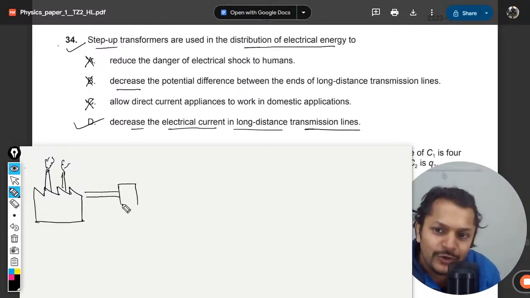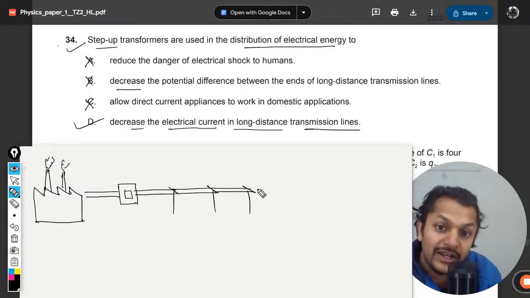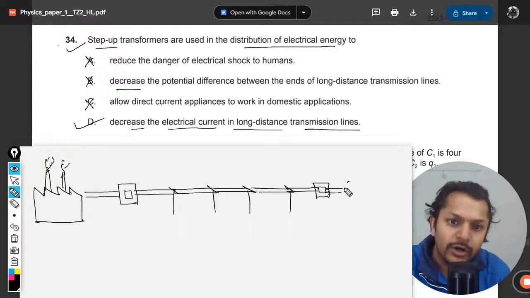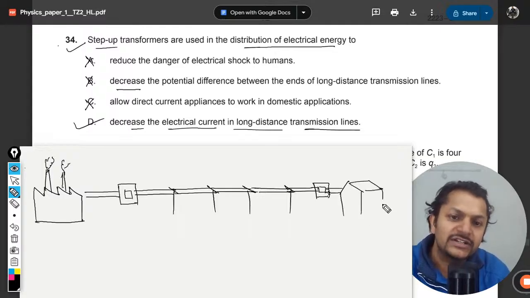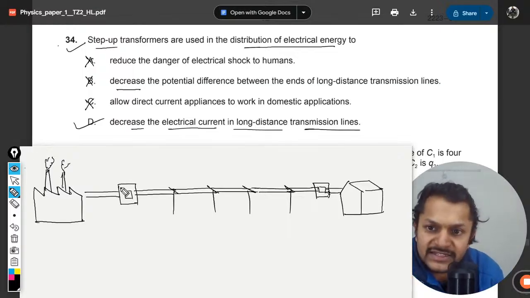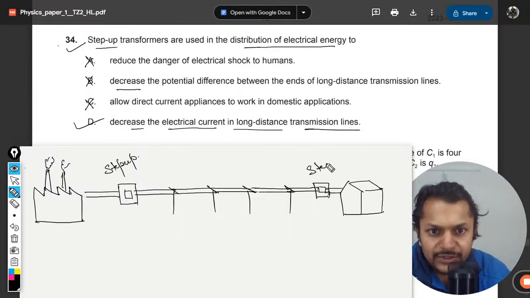So we use a transformer here, and then these electric wire lines go over very long distances, and after that they reach very near to your home, and then they go to a transformer. This transformer acts like a step down transformer, and only then is the electricity fed to our houses, isn't it? So this is the step up transformer and this is the step down transformer.